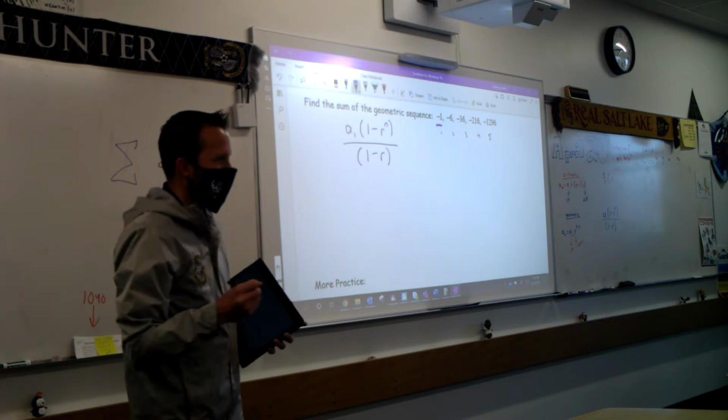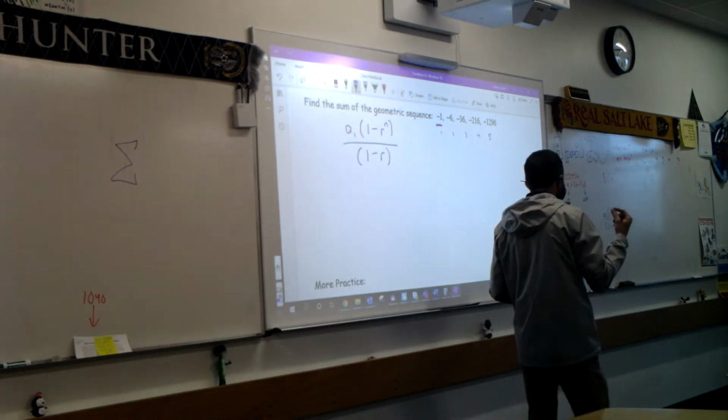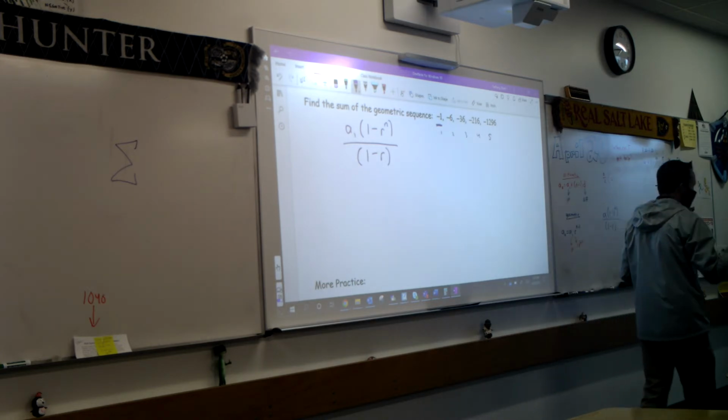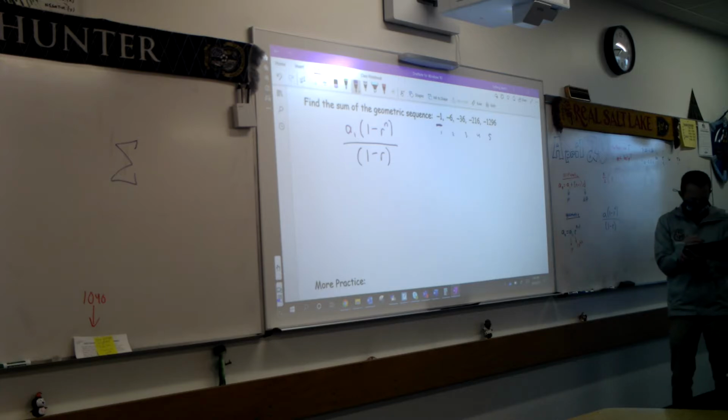So that's easy, right? Now, the one that might take a little bit of thinking is, what is a common ratio? What are we multiplying by to get from the first term to the second to the third to the fourth? And it's going to be 6, right? I times by 6, times by 6, for each of those. Alright, so the ratio is 6, n is 5, and a sub 1 is negative 1.